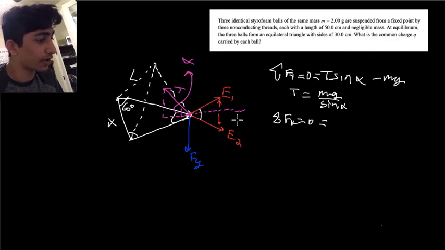They're the same magnitude, so we can just say that the electrostatic forces from both of these is just 2 times the electrostatic force from one of them in the x direction, right?